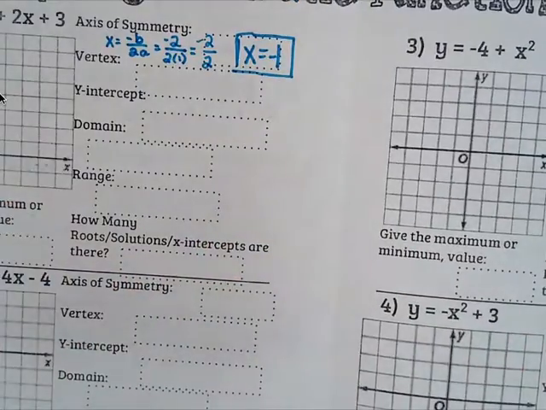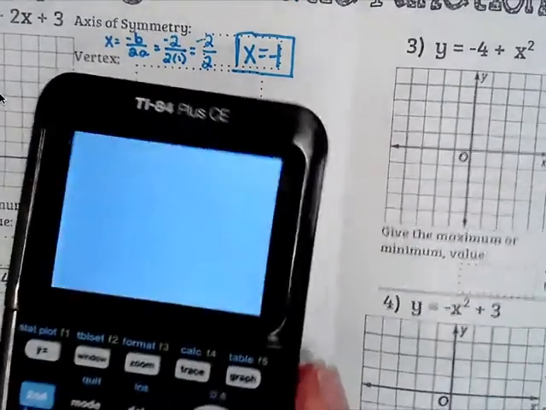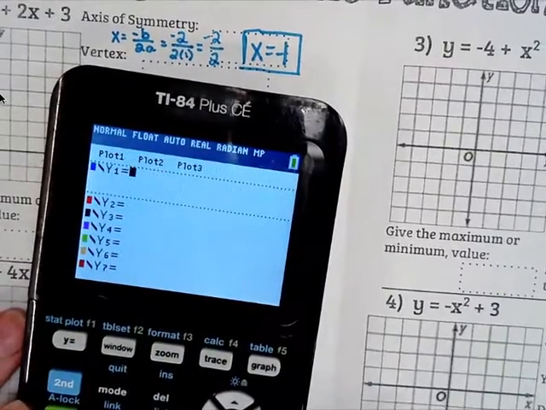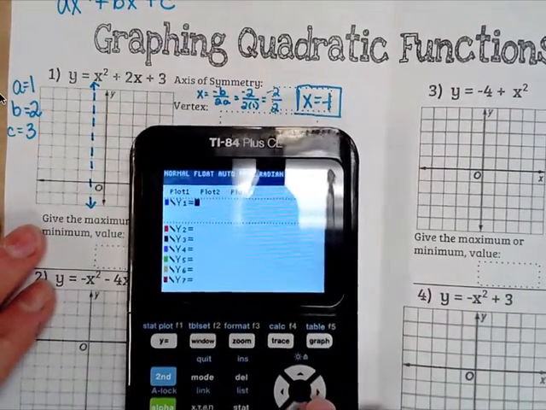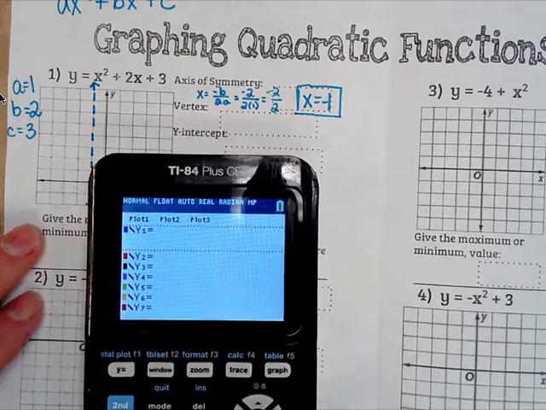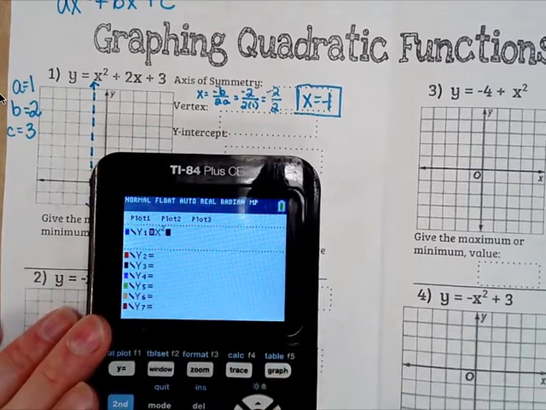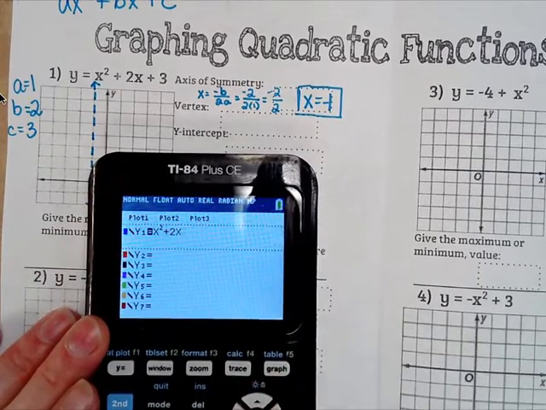So let's put this in the calculator. So make sure to go back to y equals, clear out what's in there. And let's put that in. X squared plus 2x plus 3.